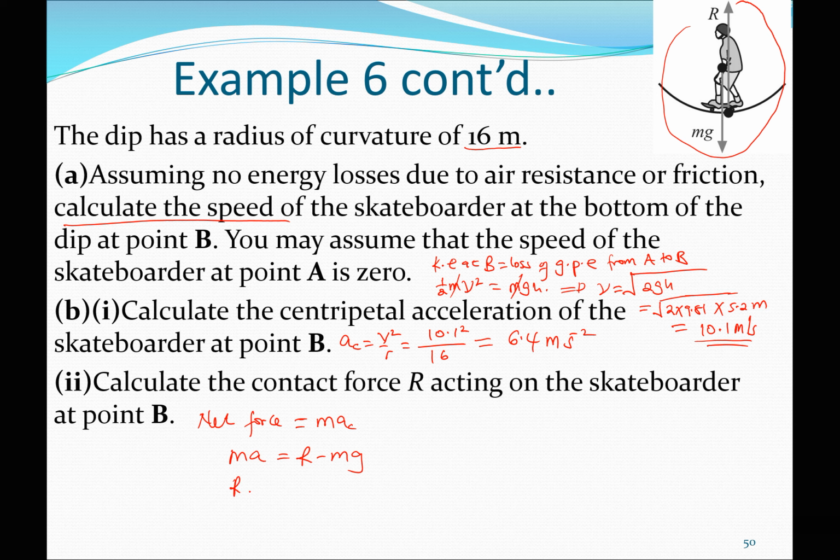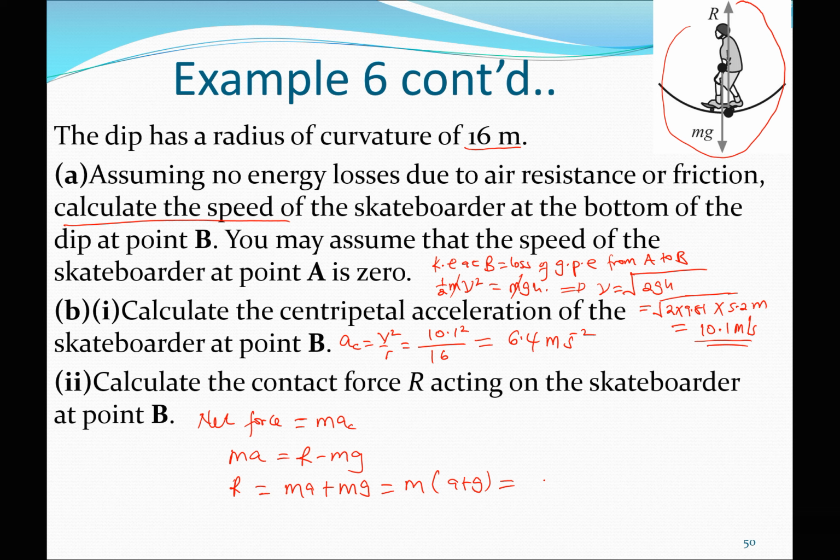So it means the contact force R is going to be the centripetal force, or the resultant force, which is ma plus mg. So this is going to be m into a plus g. I can just simplify this. What is m?